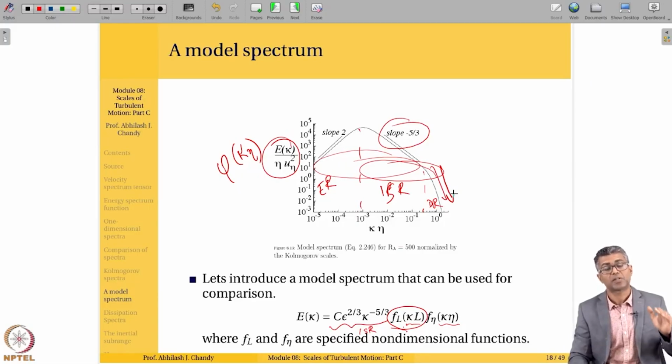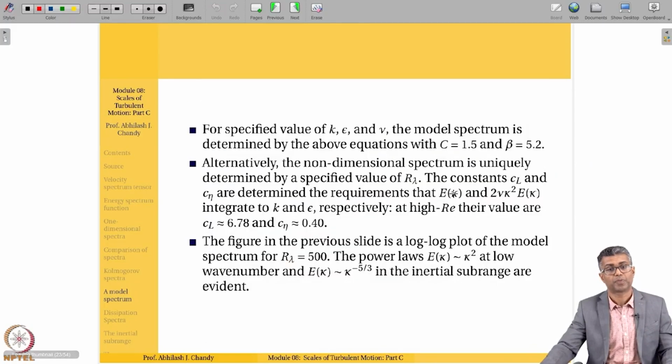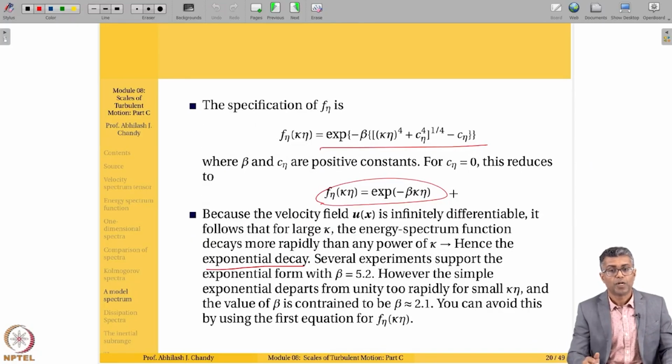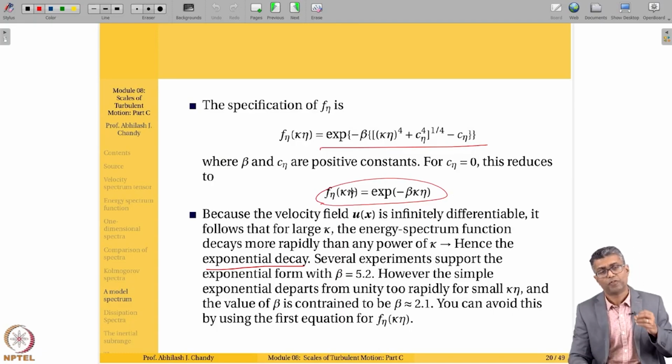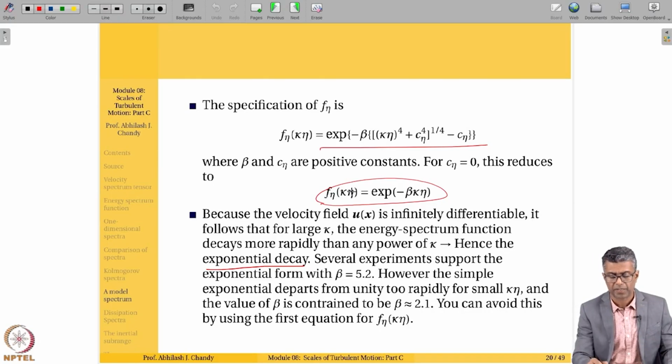The energy decays quite rapidly. That is why we have the exponential function. This is the simpler form, exponential of minus beta kappa eta, and several experiments have shown that beta is approximately equal to 5.2.